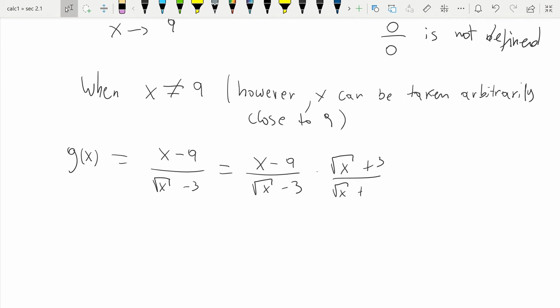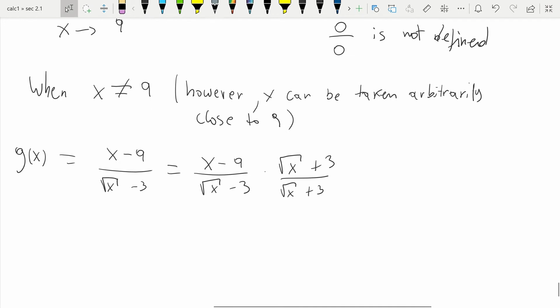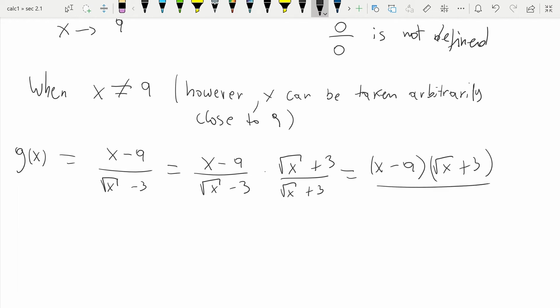First, we will multiply this expression by the conjugate in the numerator and the denominator. On top, we'll just get x minus 9 times the square root of x plus 3, divided by the square root of x squared minus 9.